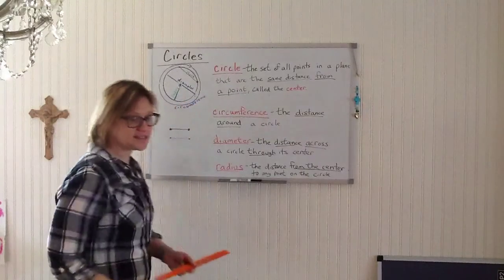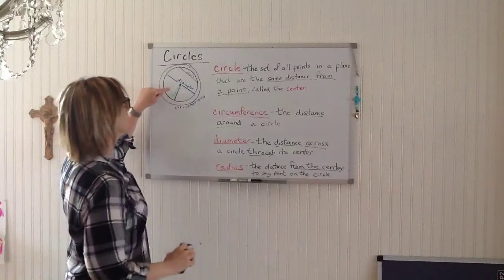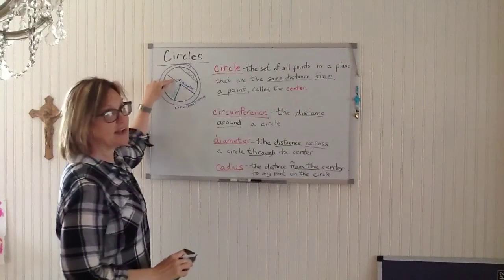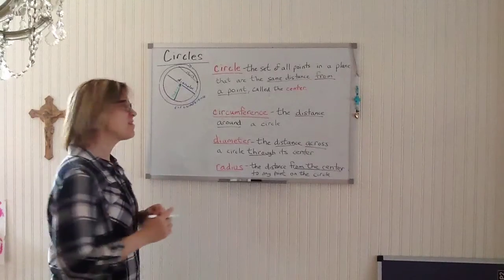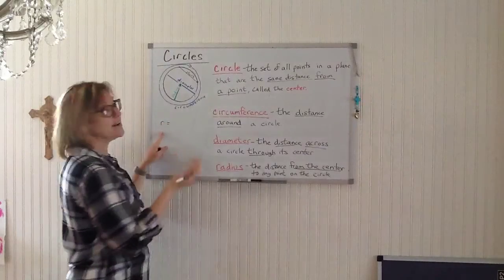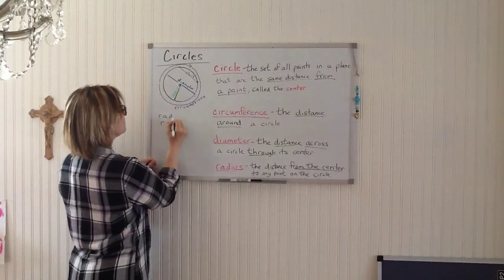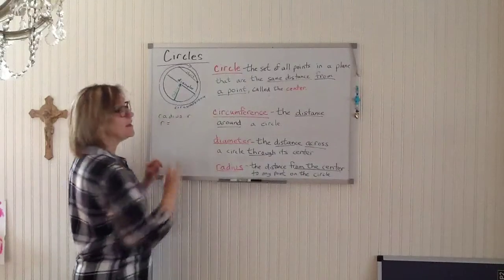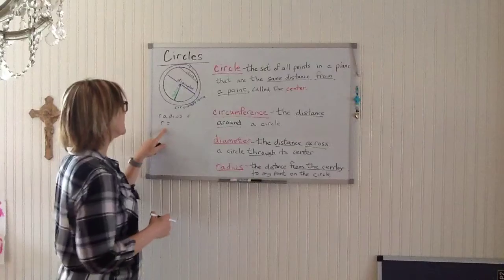All right, the next thing I want to do with this information is show you the relationship between the diameter and the radius. So what do you notice about the relationship between the radius and the diameter? In comparison to the length, we can see that the radius is actually, and R is for radius. Okay, we're going to be getting into formulas, so that's why I'm calling it R for radius.